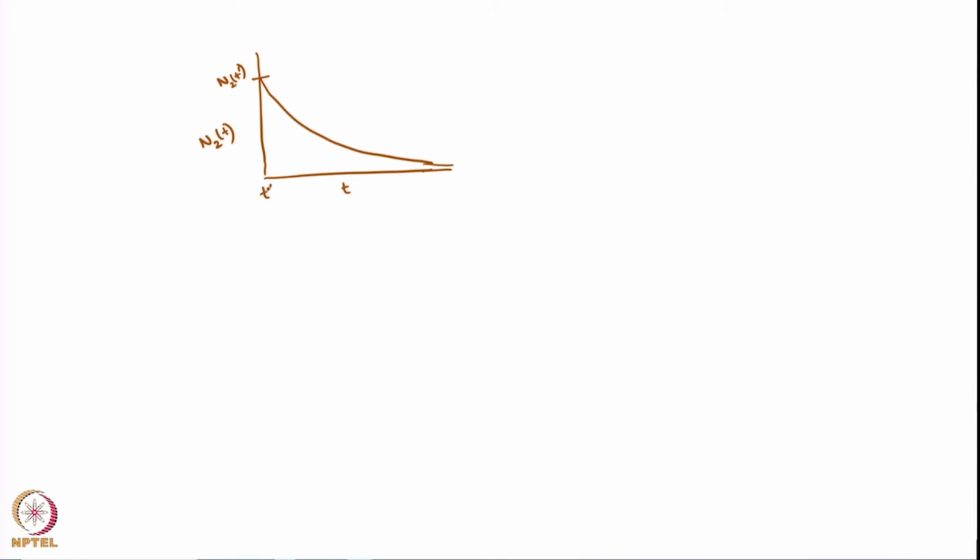The rate constant is A, and the equation is N2 of t equals N2 of t prime exponential minus A t.